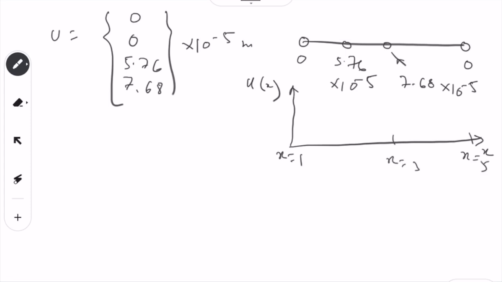It will start from 0 at this end, 0 will also be at this end, and you have some value 5.76, a lower value, which will be here.